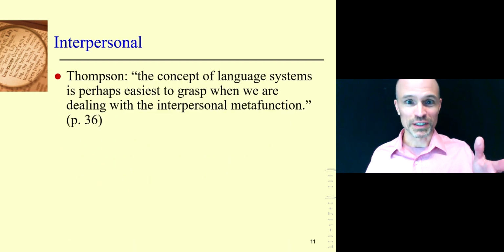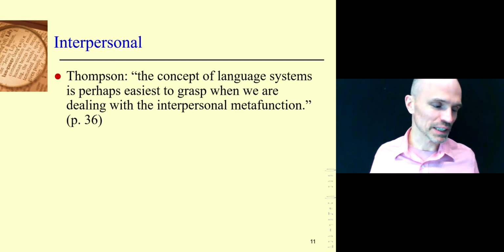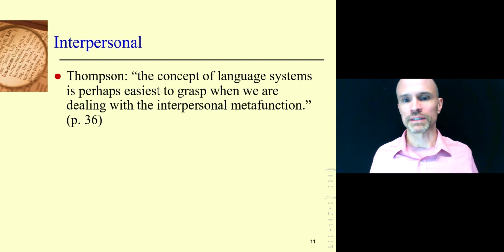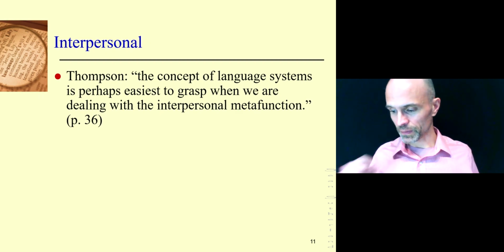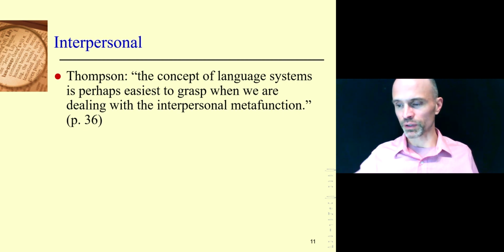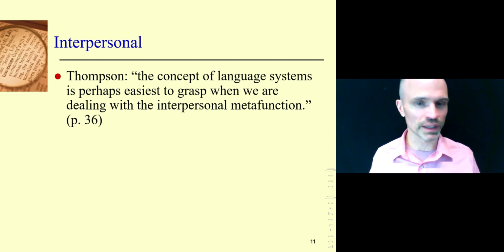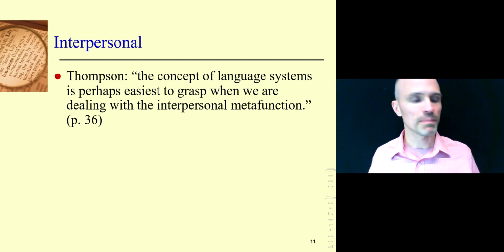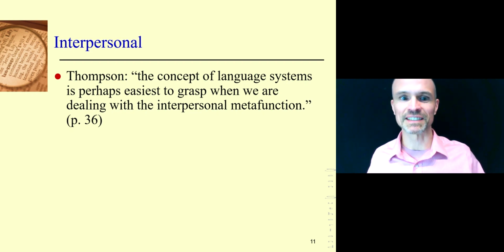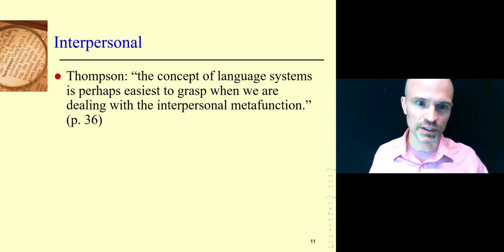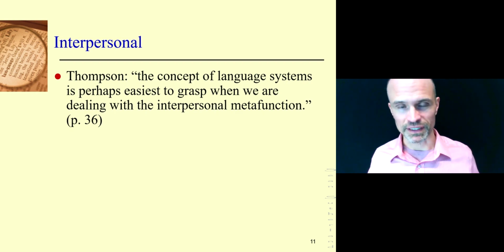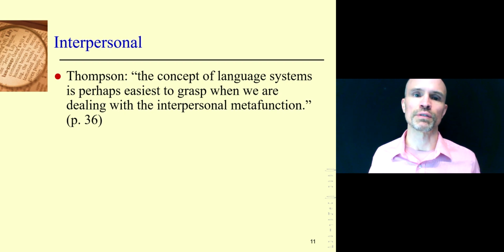You may not believe what I've just written here now, if I'm not explaining this well, but as I said at the start, it's probably easiest for getting the overall picture of the 3 metafunctions to start with the interpersonal metafunction, because it is, as Jeff Thompson says, probably the easiest to grasp. That reference is at the end of this presentation if you want it.